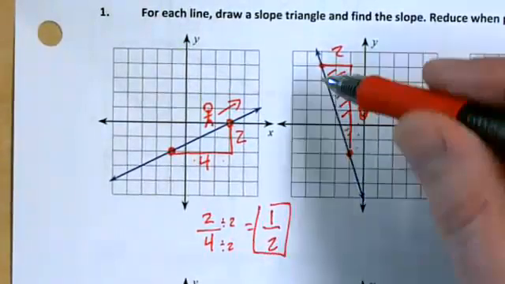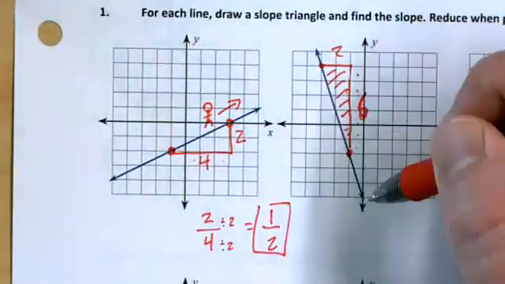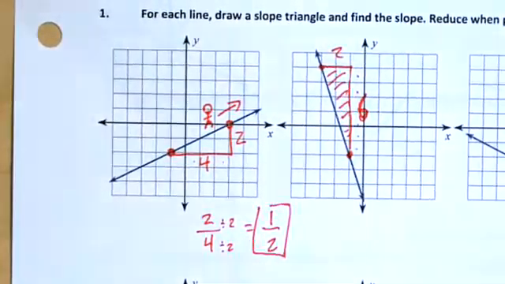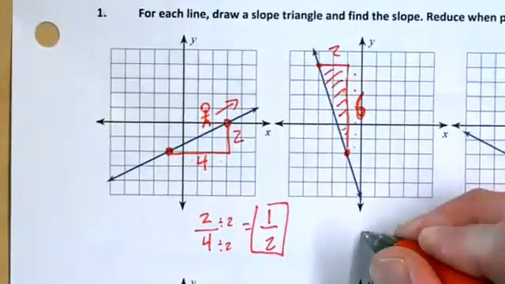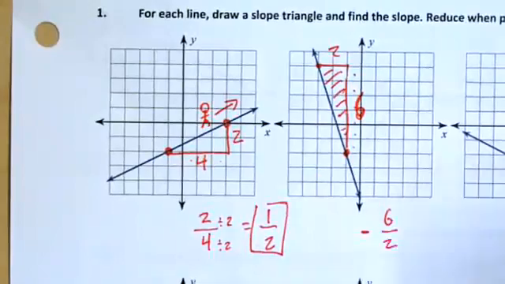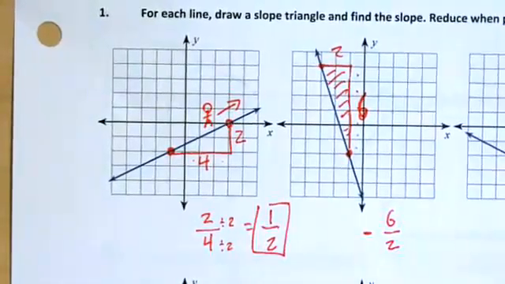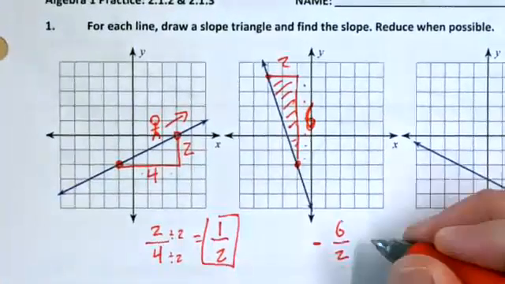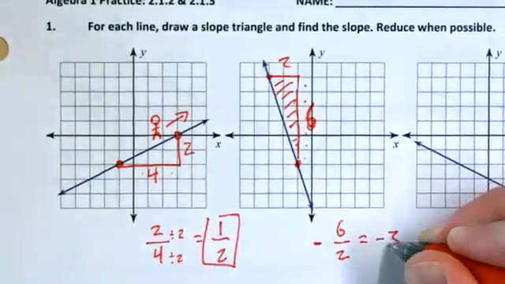So if I walk from left to right, I'd be going downhill, pretty steep downhill too. So it should be a pretty big number. So it's going to be negative. I got 6 is my rise and 2 is my run. So 6 over 2. And I think that simplifies. 6 divided by 2 would be 3. So -3 would be the final slope.